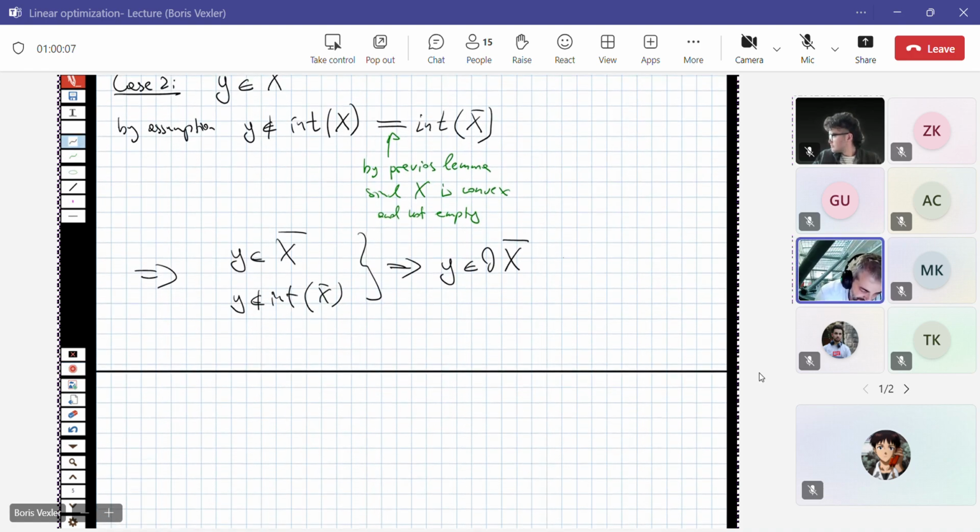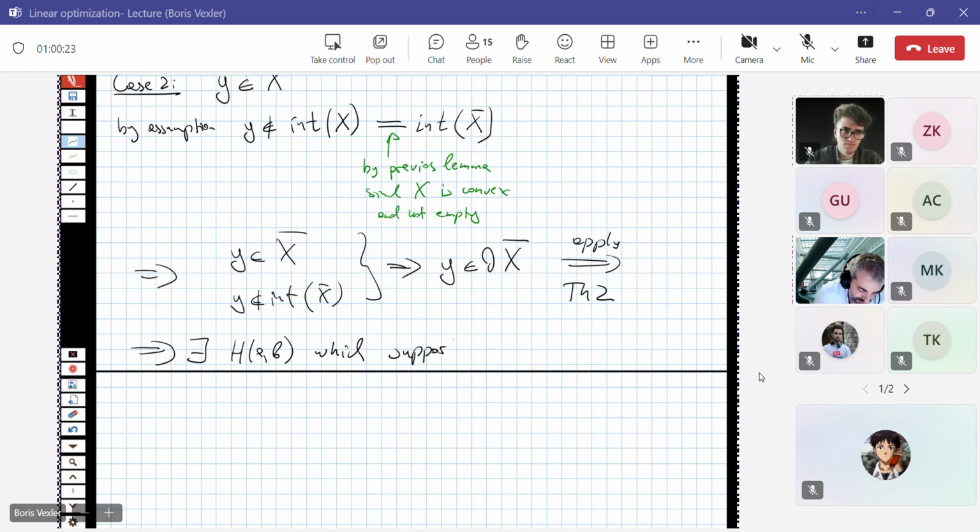It means that we can apply theorem 2, which gives us the existence of a hyperplane H_AB, which supports X bar at Y. Okay.